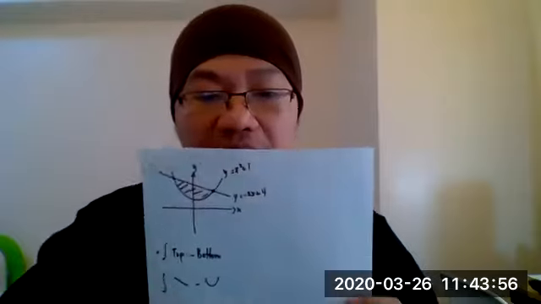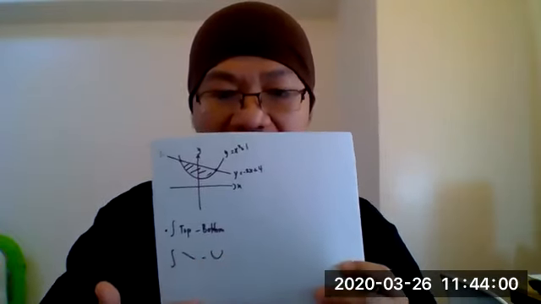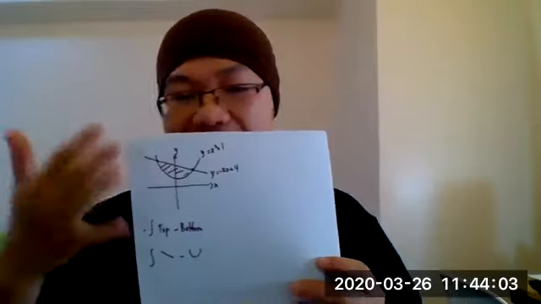So to solve the problem, it will be integration of top minus bottom, so equals to integration of the straight line minus the curve. I will show you detail like this so that after this, you guys boleh faham.